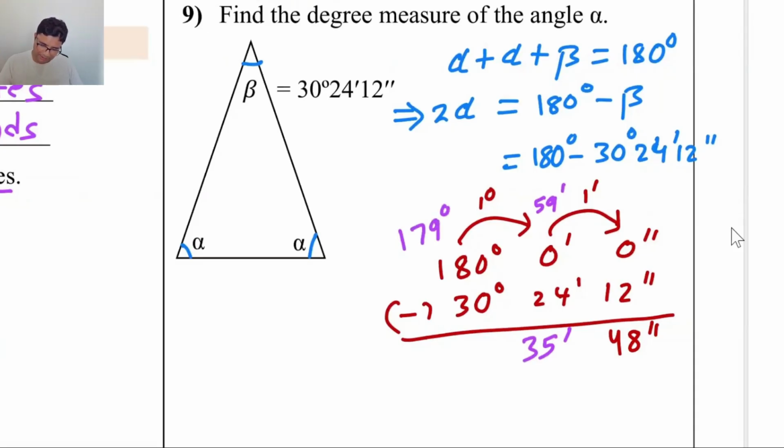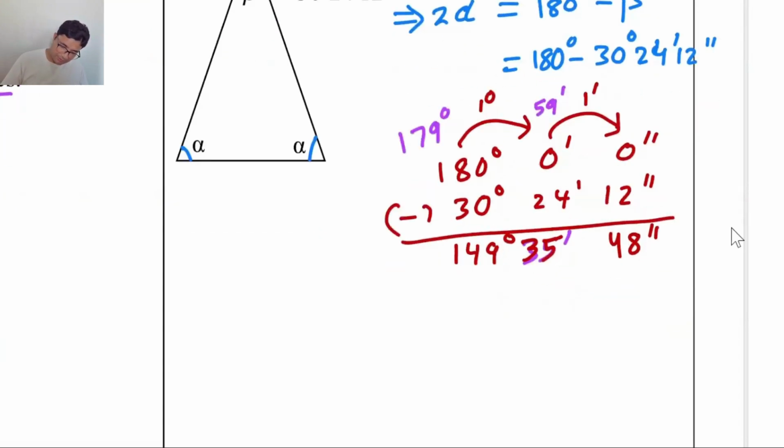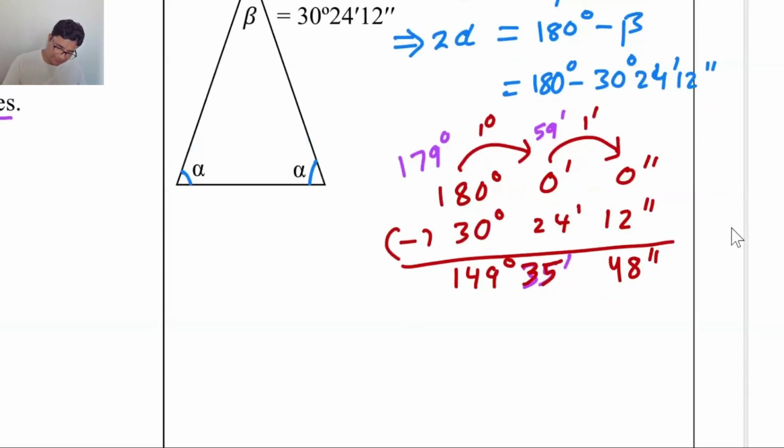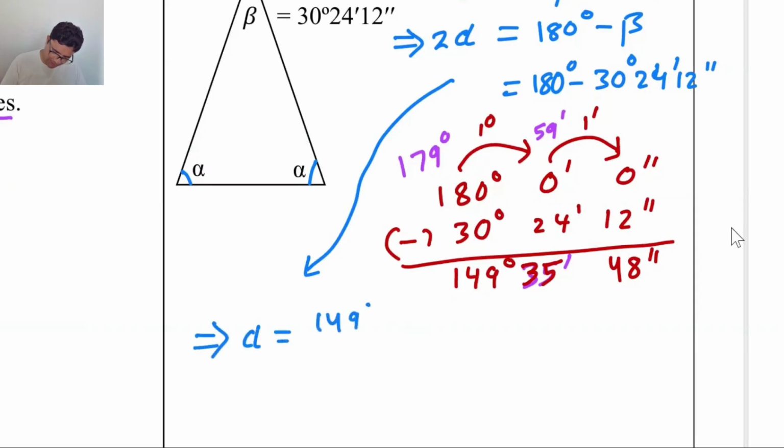From that, you subtract 30 degrees, you get 149 degrees here, 35 minutes and 48 seconds. So that is 2 alpha. Continuing that over here, that means your alpha will be 149 degrees, 35 minutes, 48 seconds divided by 2.